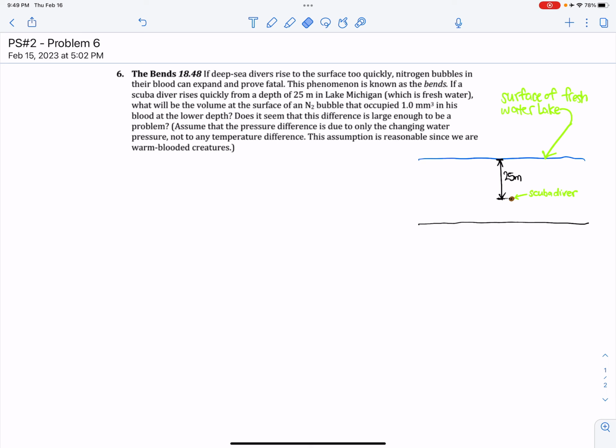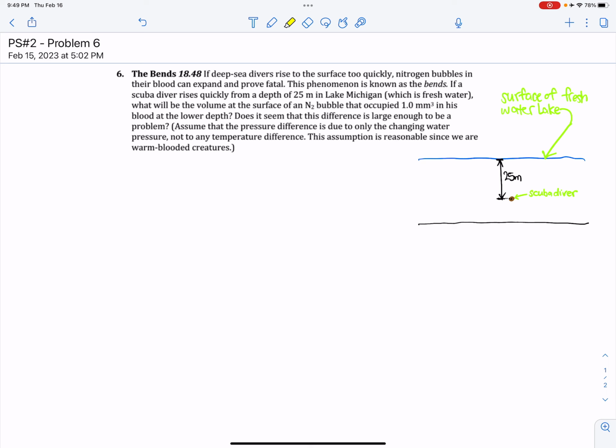So since I am given the initial volume of this nitrogen gas bubble, and I am to find the final volume once the diver rises to the top of the surface of the freshwater lake, I'm also given that temperature does not change, and I know that I'm looking at a single nitrogen gas bubble, okay?